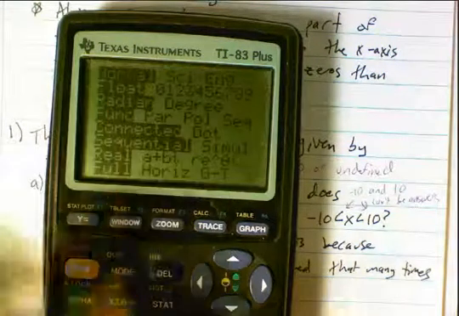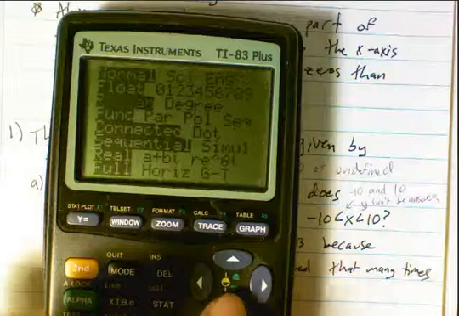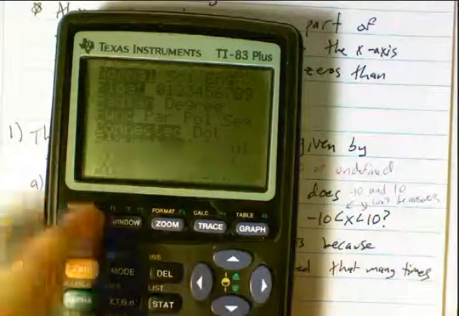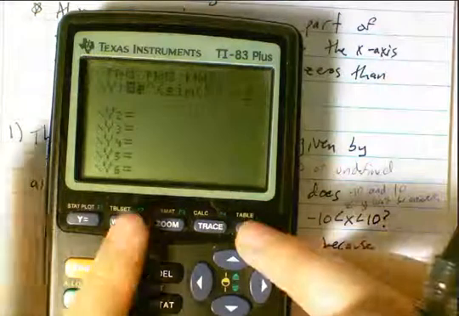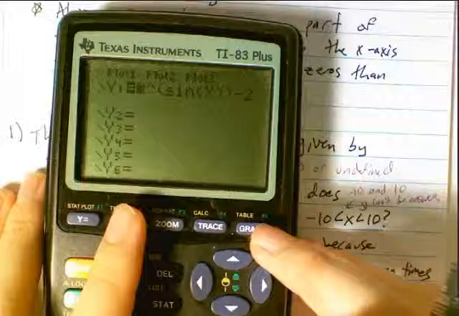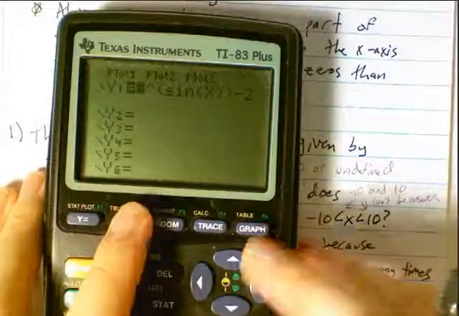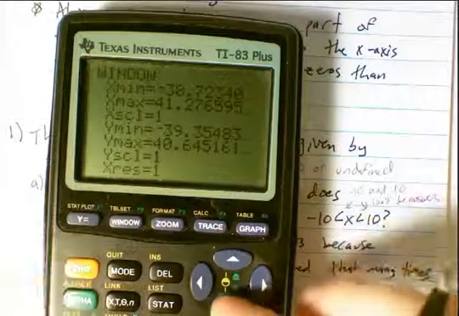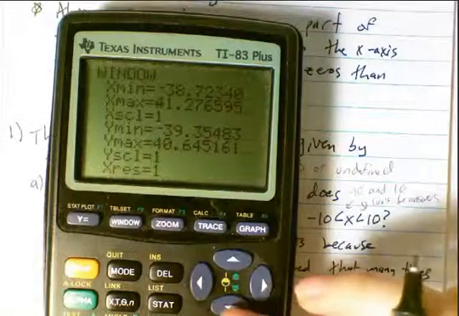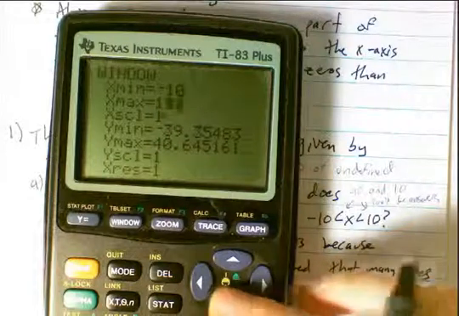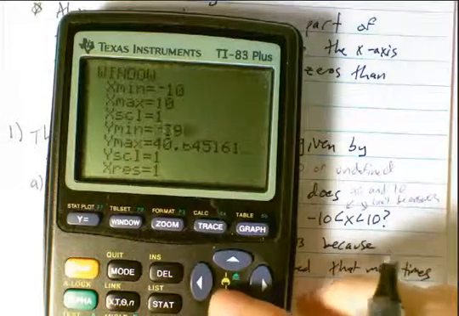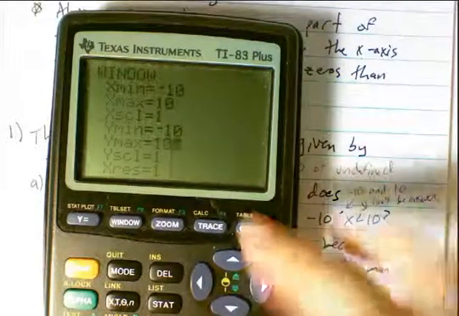That radian should be highlighted. If not, arrow down and then hit enter. Then go back to y equals. Okay, we have a window that is negative 10 to 10, so I'm going to go to window. I'm going to set my x min to negative 10, my x max to 10, and then let's just do the standard negative 10 to 10 for y as well and graph it.